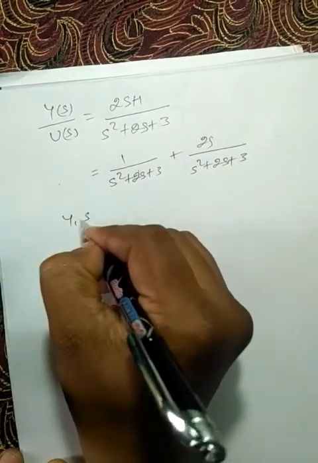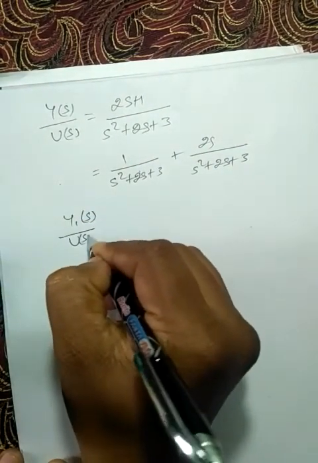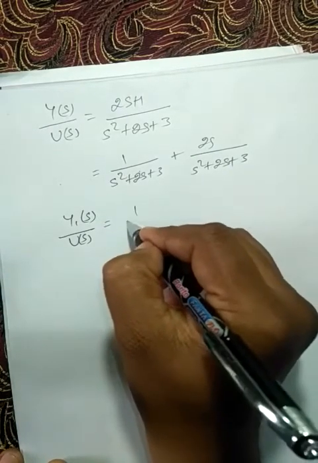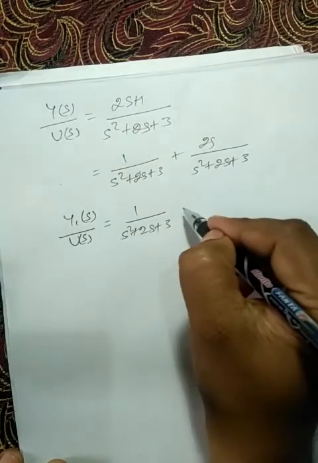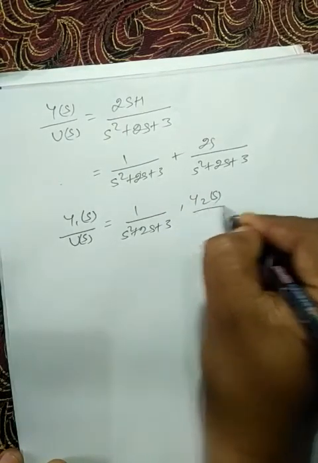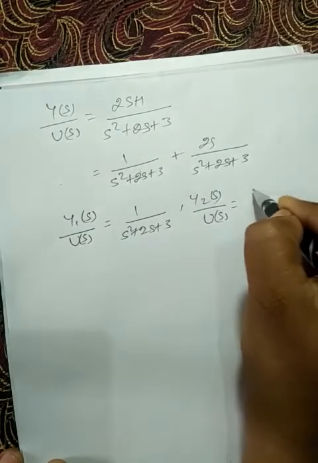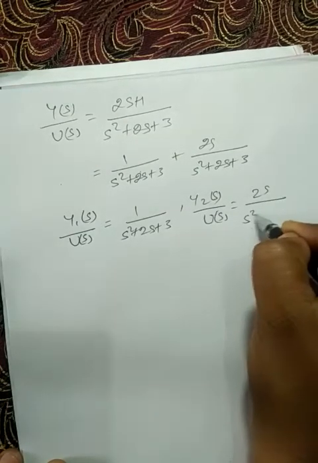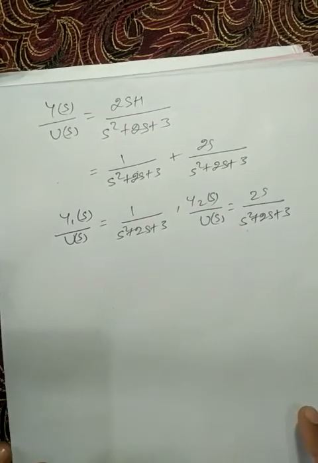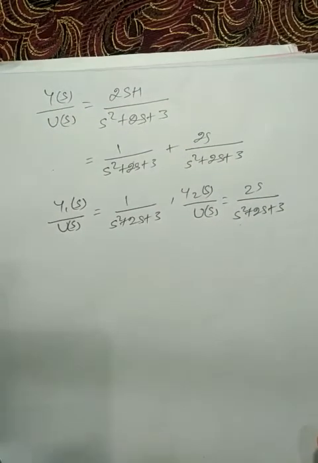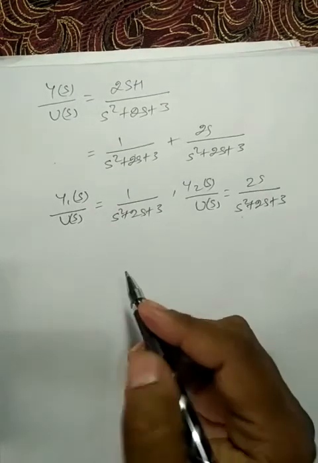So Y1(s)/U(s) will be 1 over (s squared plus 2s plus 3), and Y2(s)/U(s) will be 2s over (s squared plus 2s plus 3).